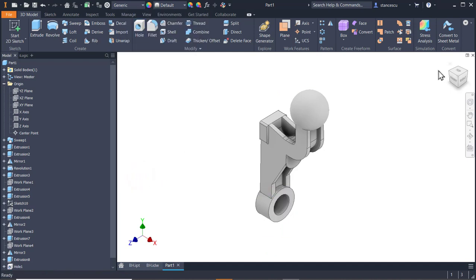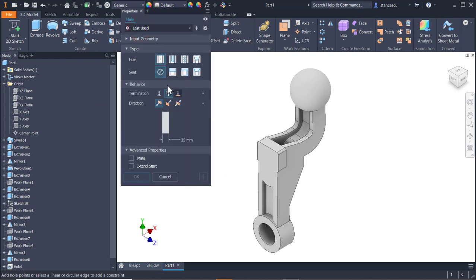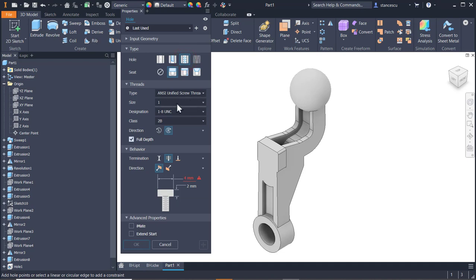Okay. Then we turn the hole, counterbore with an end of gauze, threaded, not isometric, but iso pipe 3/4, no. I suppose this is 3/8.